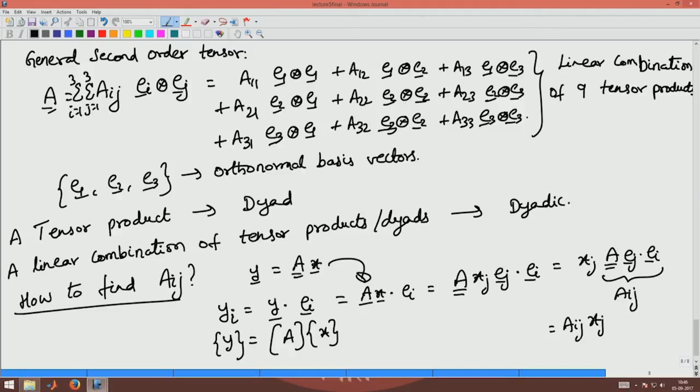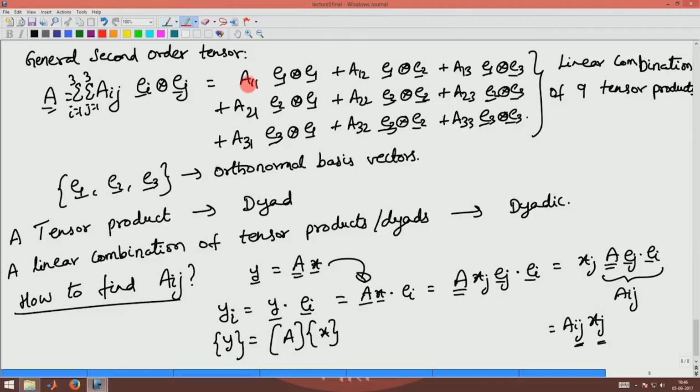I am summing up the row of the matrix with the column vector xj. So this is a valid operation, a matrix vector multiplication, and hence you have this representation for A times x.